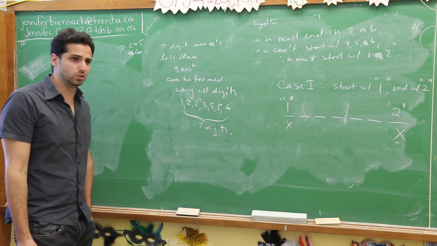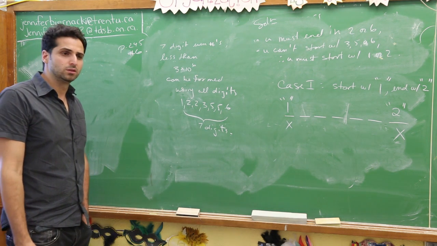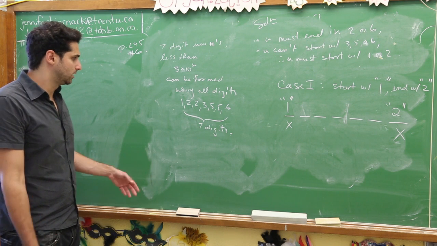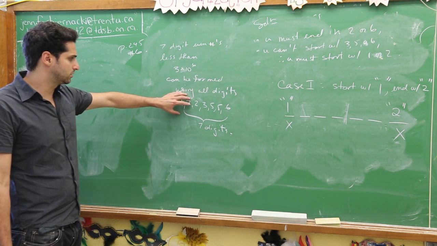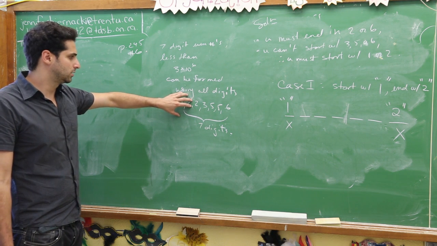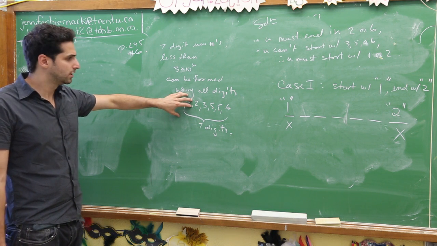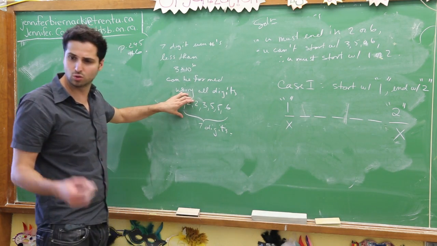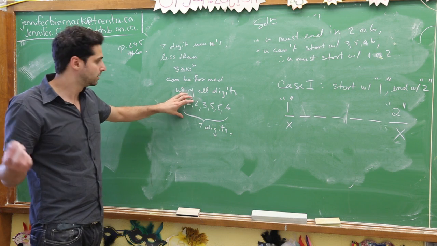I started with 1, I ended with 2. That's allowed, so those are out. And how many positions are there left to choose? 5. Two of the positions are gone.